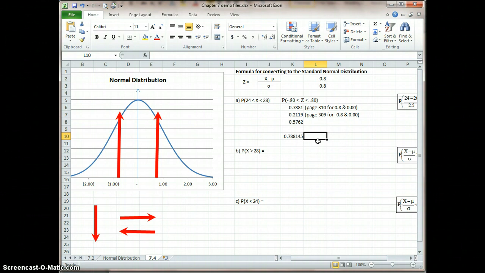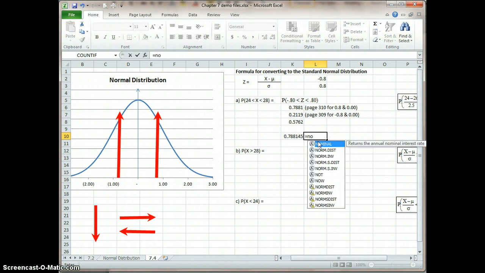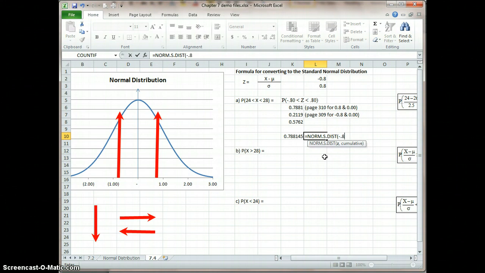I'll do the calculation for the other right here. Equals NORM.S.DIST, in this case minus 0.8, and the cumulative is going to be true. And again, you can see that I match that.